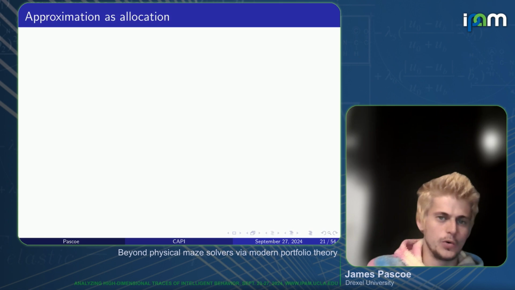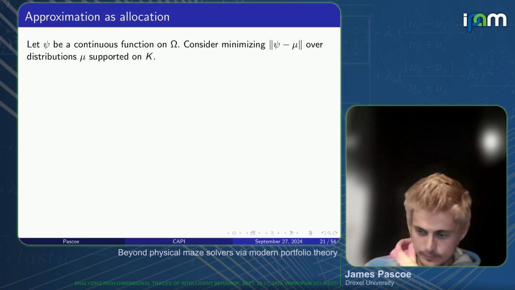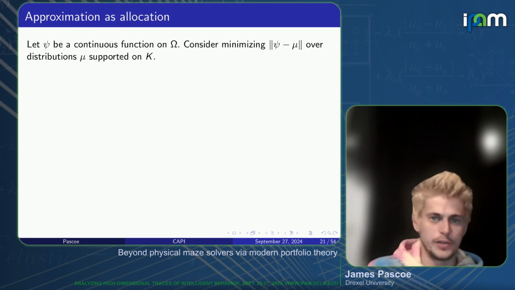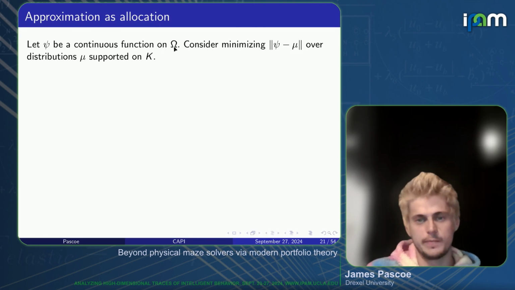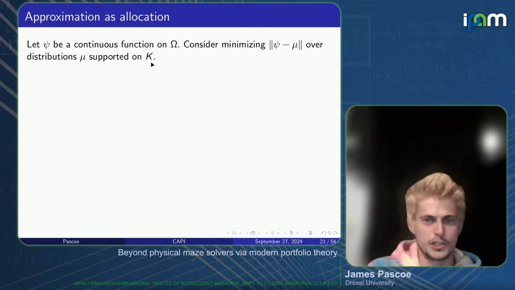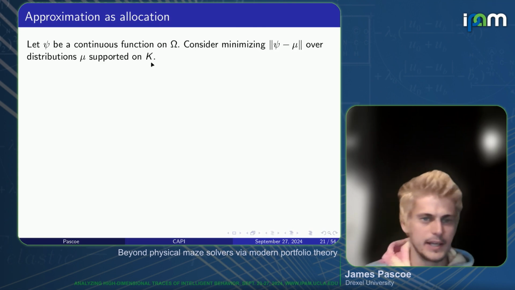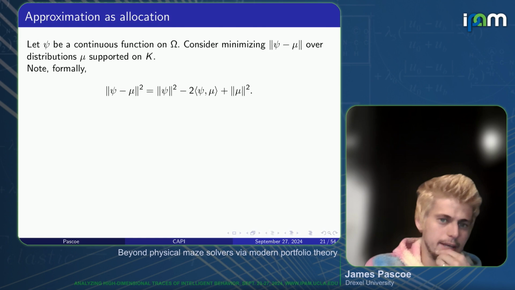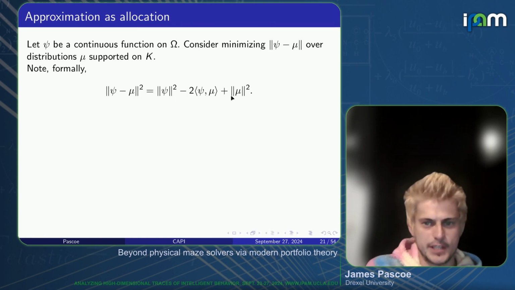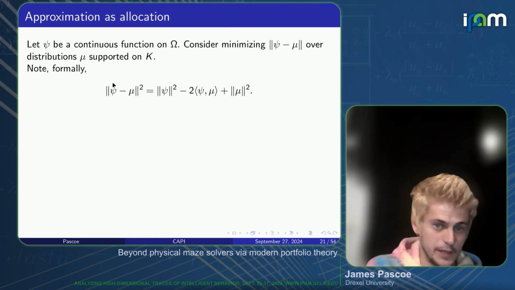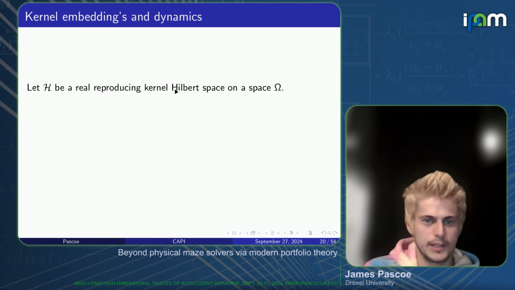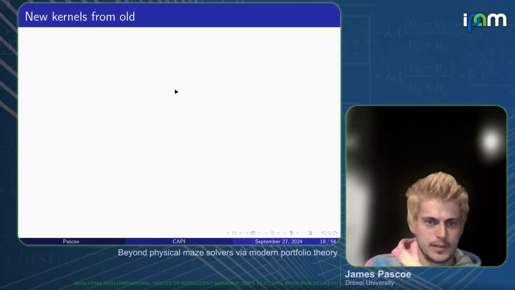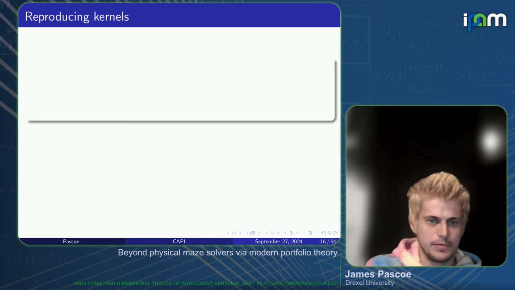Okay, so now let's say that I have a continuous function psi on my space omega. Let's say that I want to find the distribution that best approximates it, over all possible distributions supported on some compact set K. Formally, if I expand out this norm, let's see what we did before.